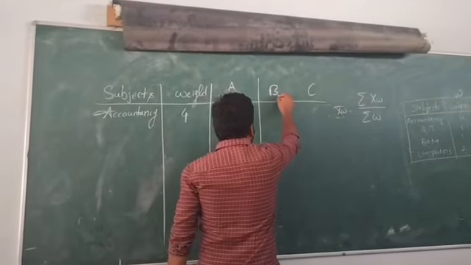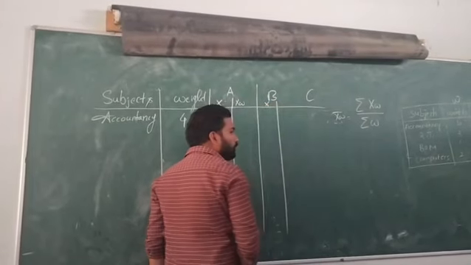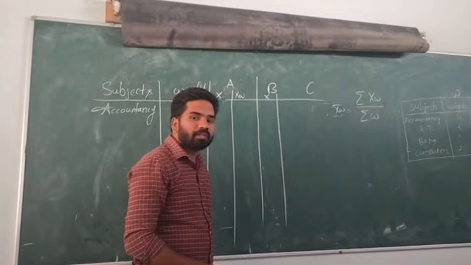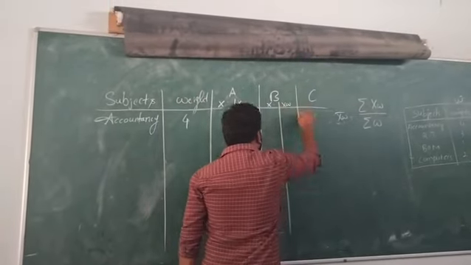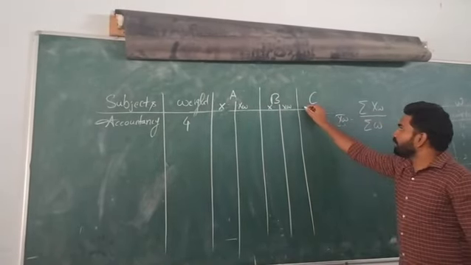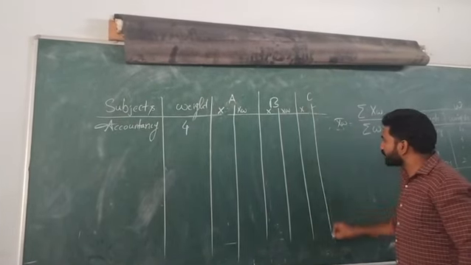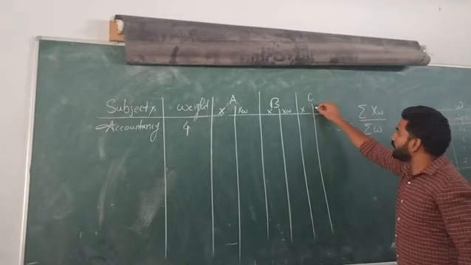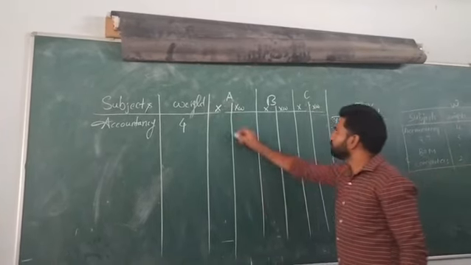Again the same for student B and student C: marks obtained by the student denoted as X, weighted marks denoted as XW.